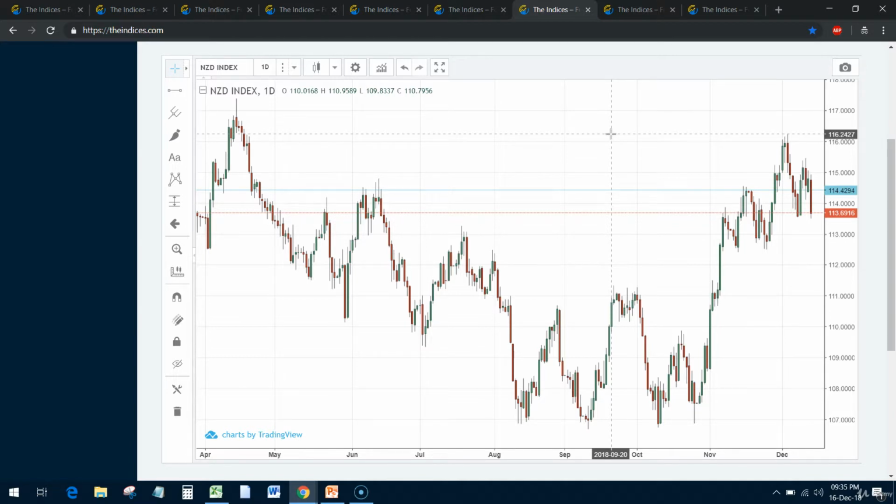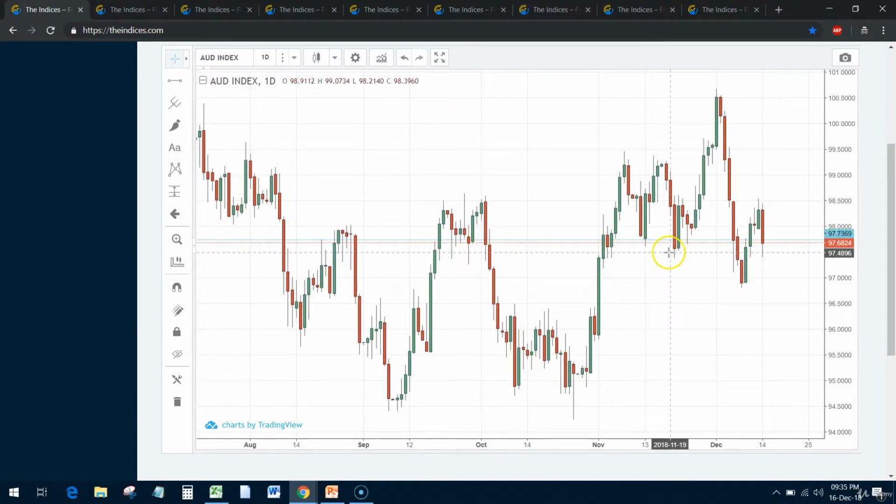I don't trade AUD NZD much, but if I see some opportunity like this one, I do like getting my trades in. So we have seen that NZD is at its resistance level, and AUD index is at the support level.